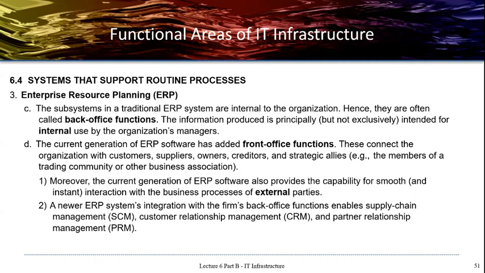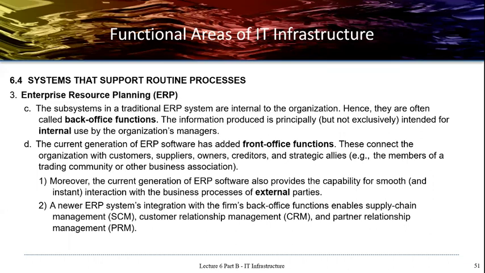This connects the organization with customers, suppliers, owners, creditors, and strategic alliances, for example, members of a trading community or other business association. Moreover, the current generation of ERP software also provides the capability for smooth and instant interaction with the business processes of external parties.